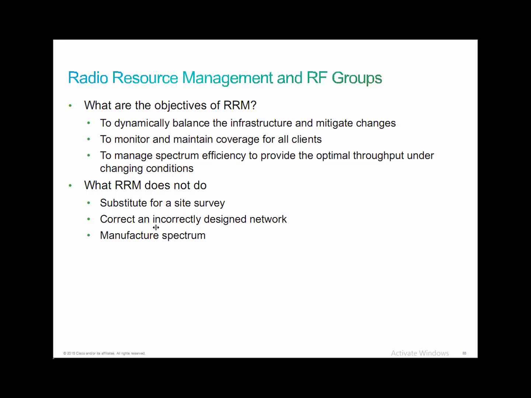On a large scale, this is very, very important. It's kind of almost a necessity in that sense, because you can't constantly go out and monitor your RF environment as an administrator. It just doesn't scale well. So it's a self-healing, self-sustaining type of environment, and that's what makes it very scalable.